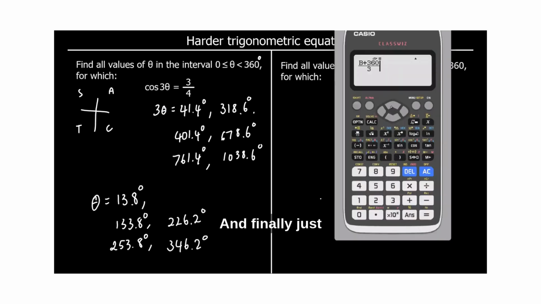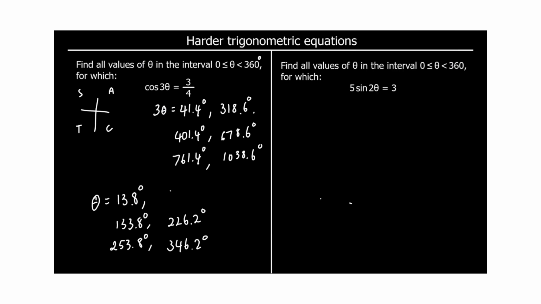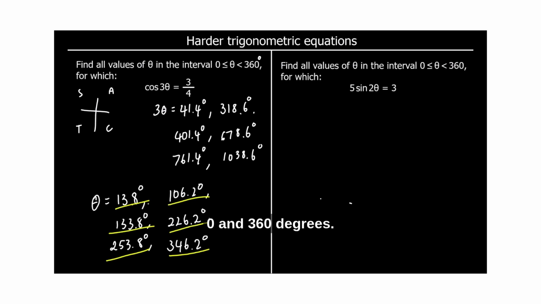And finally, just B, so 318.6 divided by 3 is 106.2. So here we have 6 answers between 0 and 360 degrees.